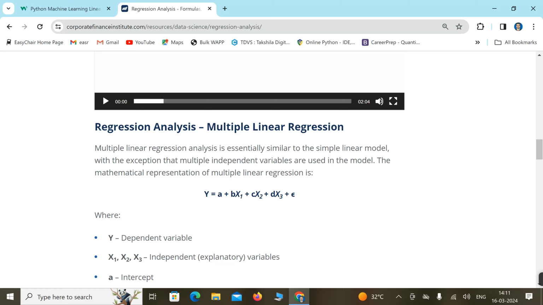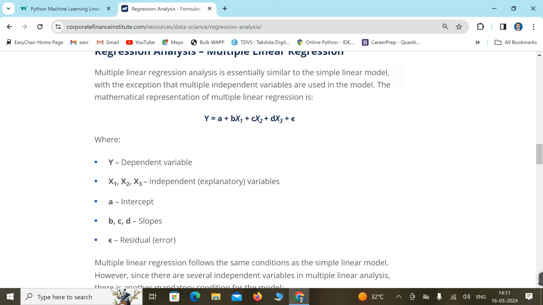The same methods apply here also, but instead of a single independent variable, you have multiple independent variables. So, the formula becomes y is equal to a plus bx1 plus cx2 plus dx3 plus ex4, like this you can have any number, plus epsilon, where epsilon is a residual error.